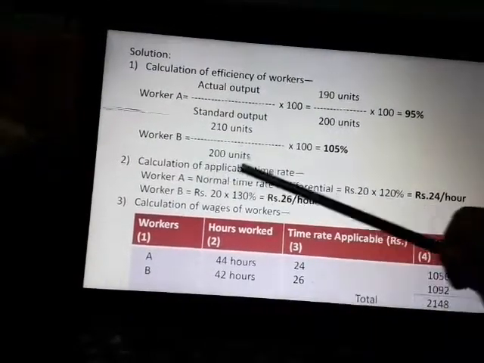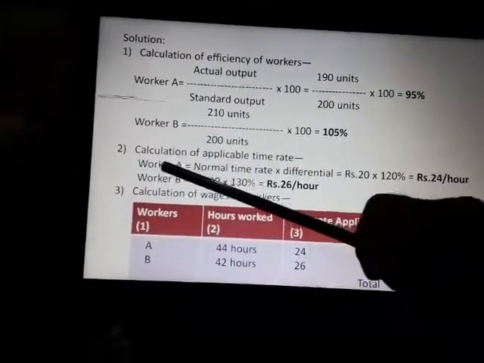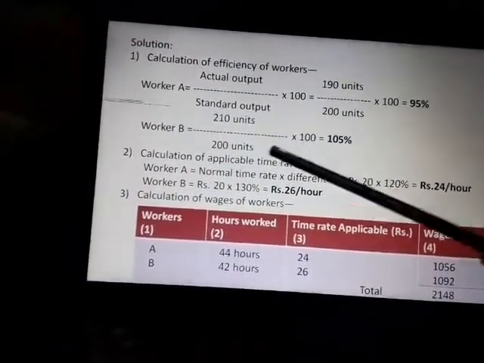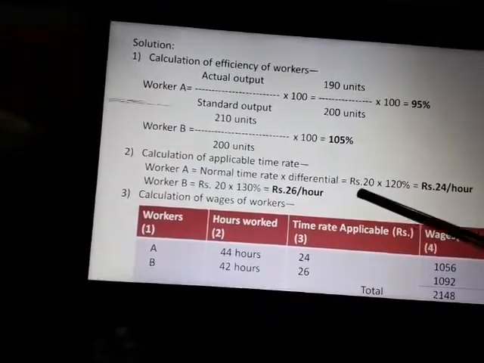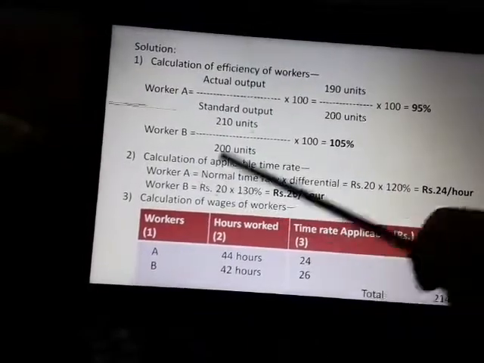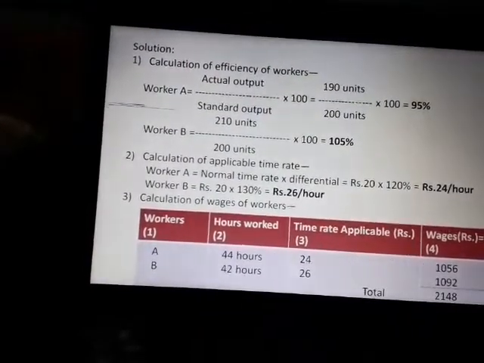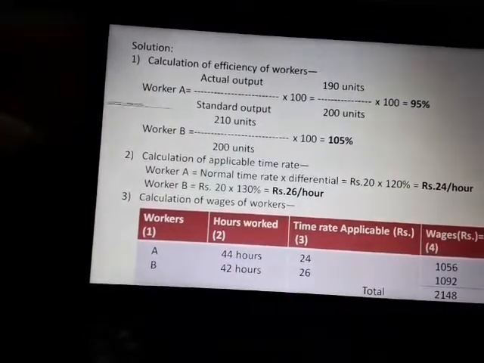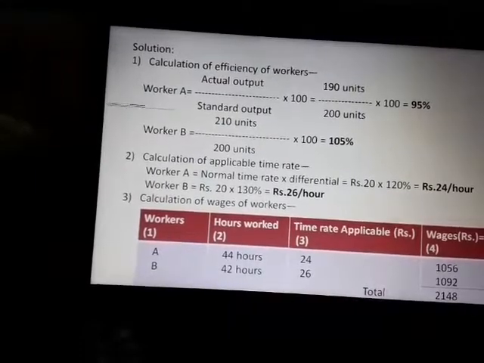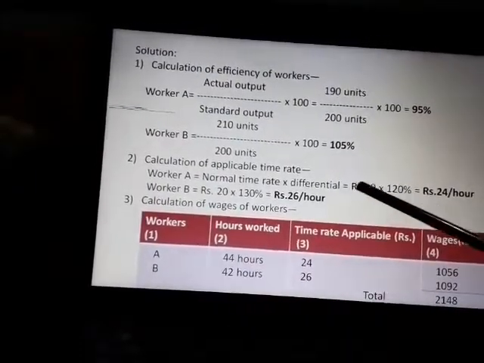Now calculation of applicable time rate. Worker A: normal time rate into differential. Normal time rate was rupees 20 as given in the problem. Worker A's efficiency is 95%, which is between 90% and 100%, so according to the given scale, the worker will get 120% of normal time rate.